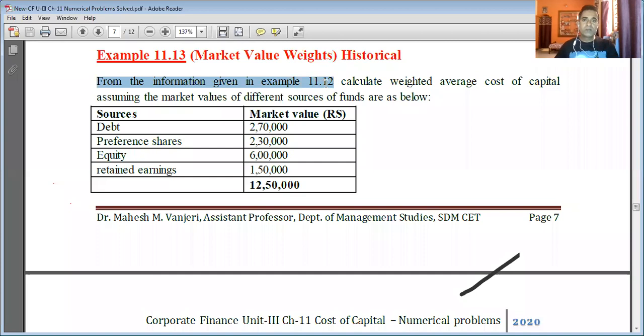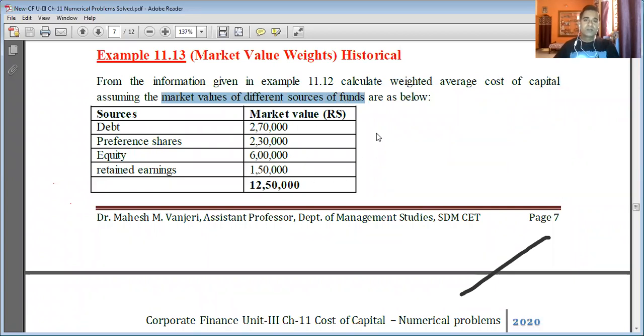From the information given in example 11.12, calculate weighted average cost of capital assuming the market values of different sources of funds as below.